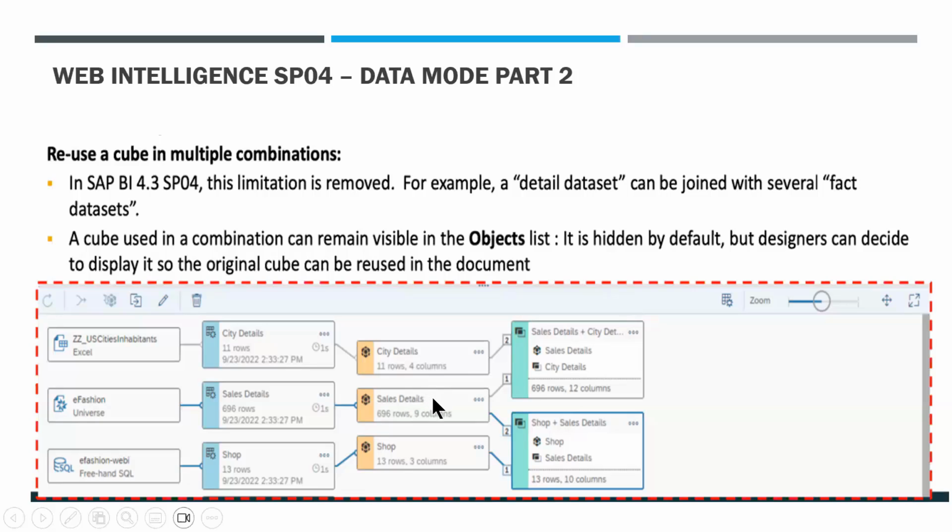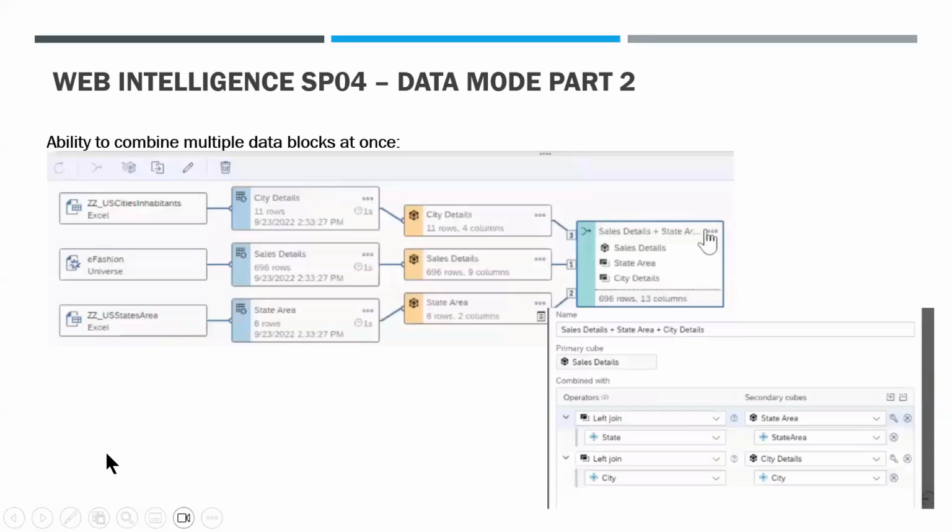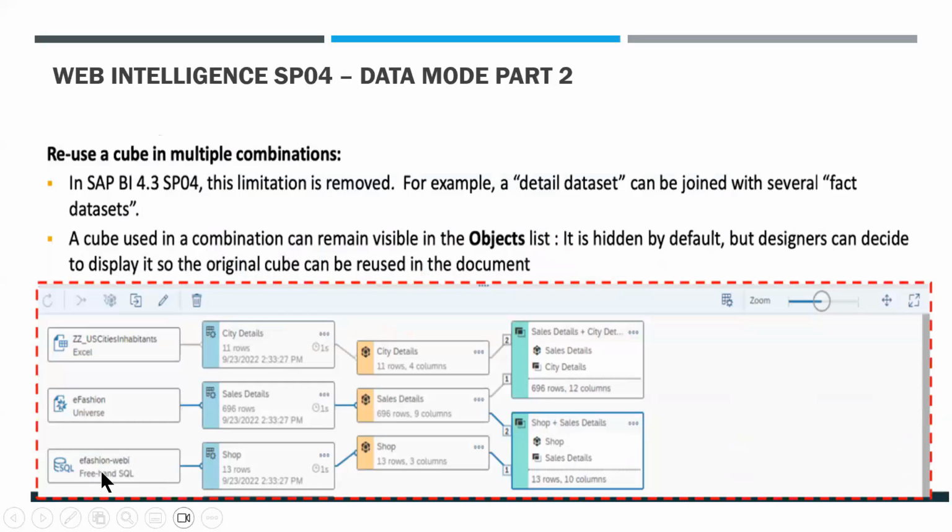They're using this universe data set to combine with an Excel data set for this new data set, and then also combining the universe data set with this freehand SQL to create another data set. So you can reuse it. I think it's going to be really cool.